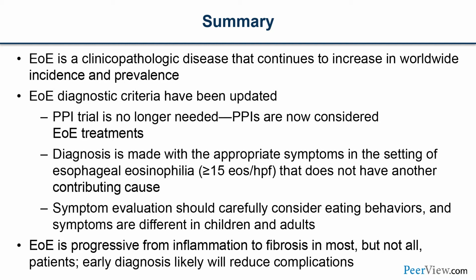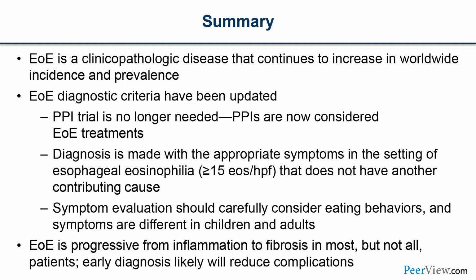Diagnosis is made with the symptoms and 15 eosinophils per high-power field, and it does not have another contributing cause. When you talk about the symptoms, think about eating behaviors and that IMPACT acronym. And in many patients, not everybody, but in many, EoE is progressive from inflammation to fibrosis. And early diagnosis likely will reduce complications if you can treat people successfully. So I think those are the main points to talk about.